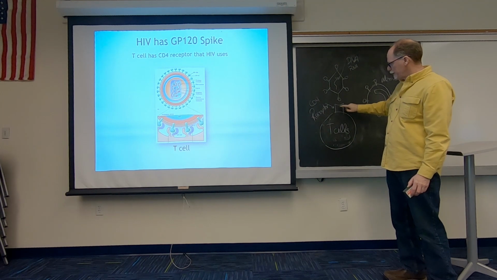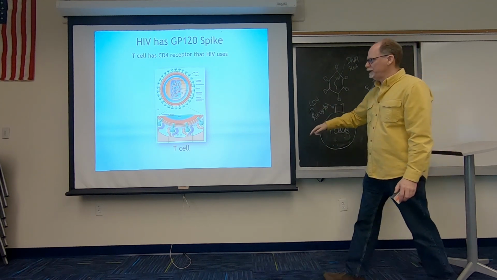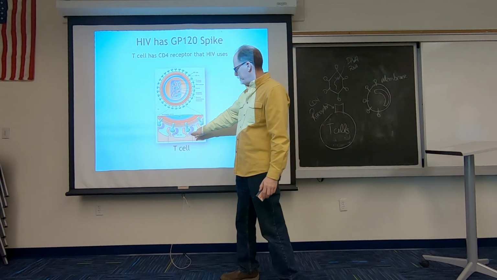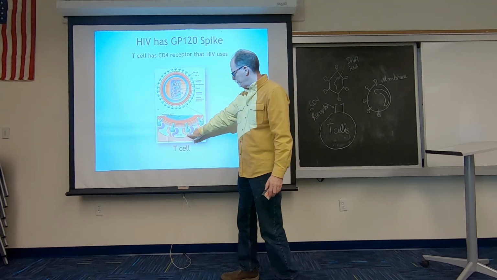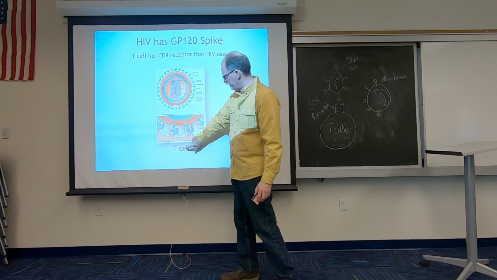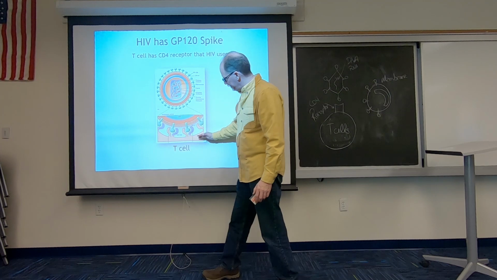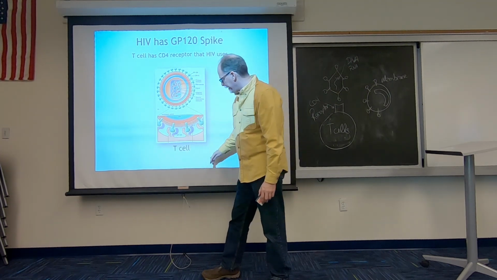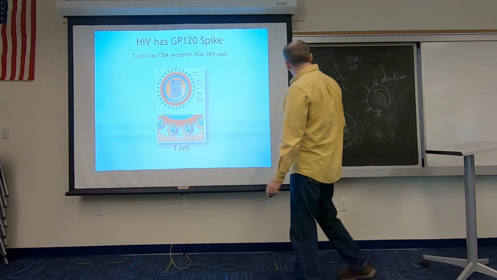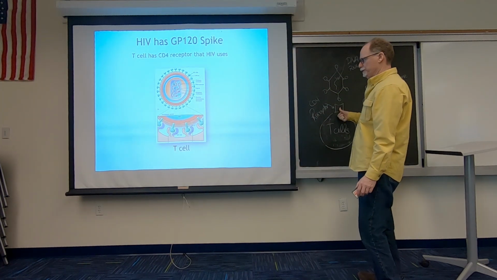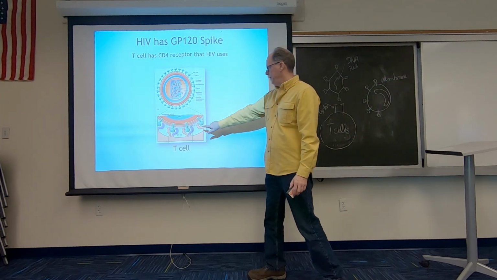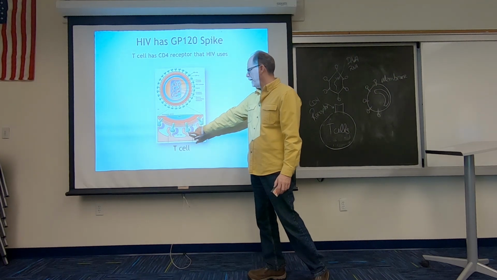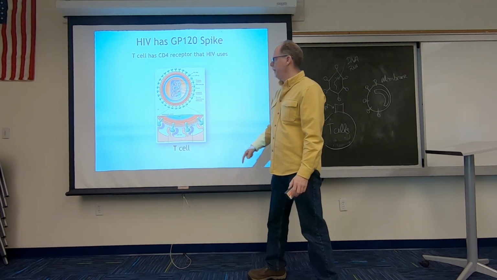It uses its spike protein here and attaches to the receptor on the T cell. So you don't see the whole T cell. It's like this would be the T cell down here, and then this would be the surface of it, and that's one of those receptors right there. GP41, the green guy, is a spike protein on HIV.